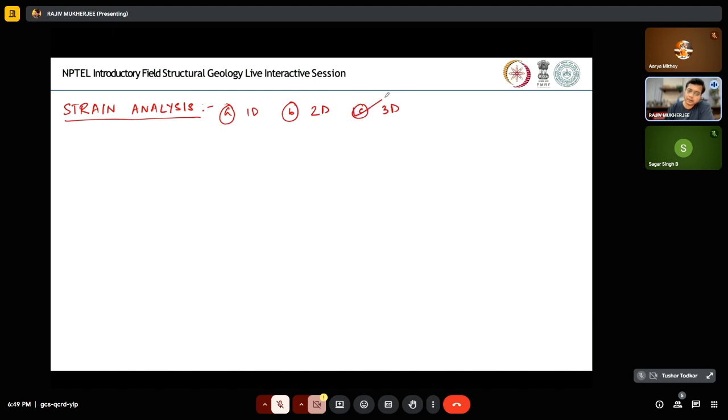You have been told about the three dimensional strain analysis, and it is very important for understanding the kinematics of a shear zone, especially if you have strain markers. Then you would be able to understand the overall type of strain, whether it is plane strain, constriction, or flattening strain.